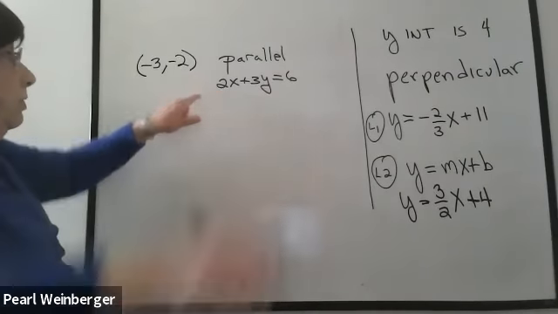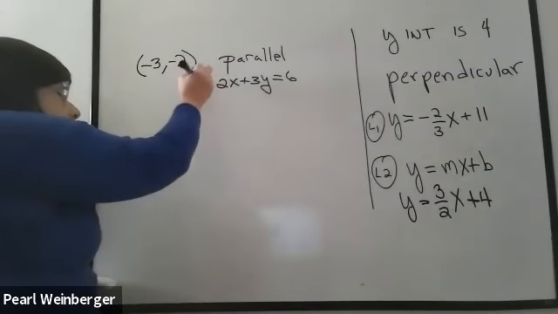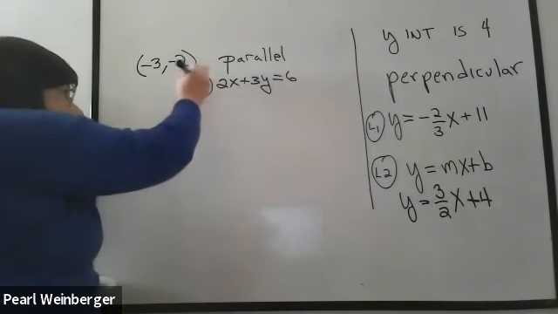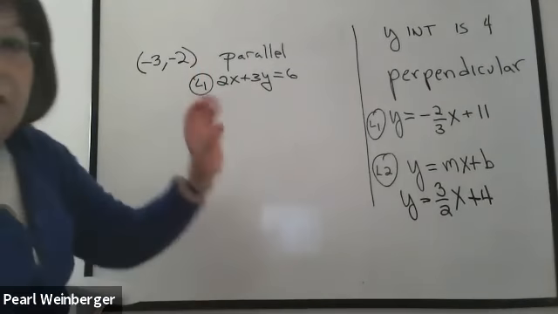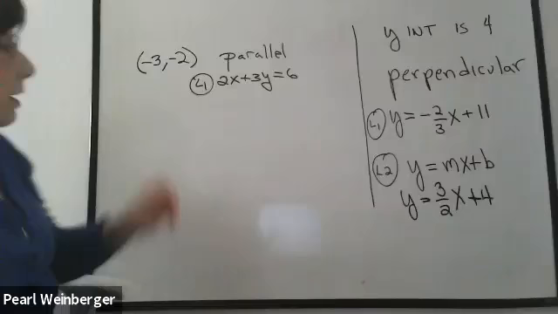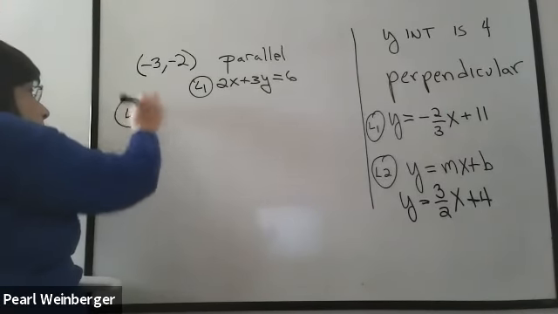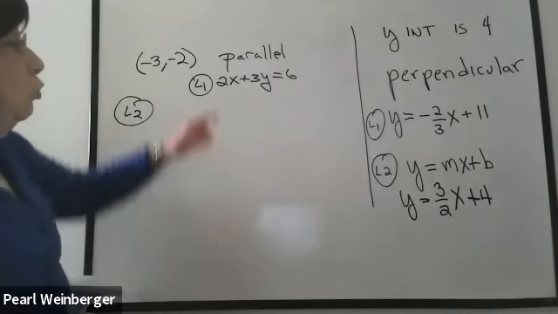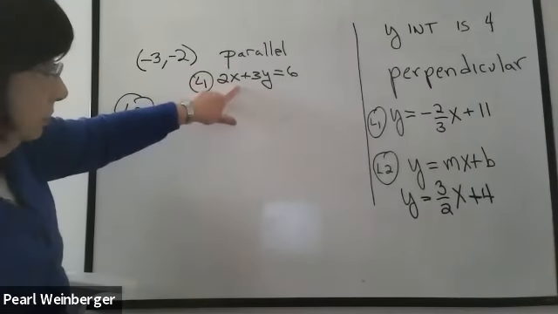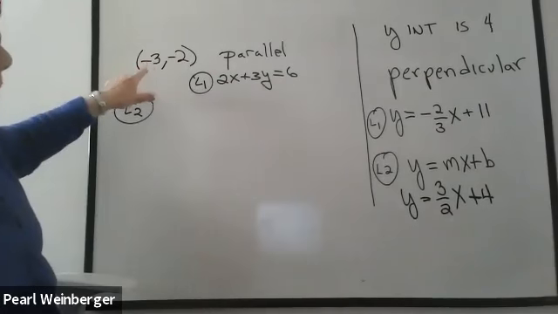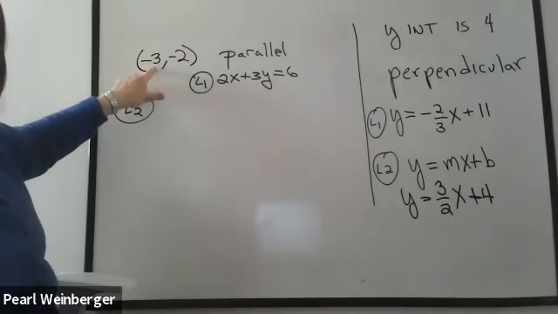Now, remember, this is my line 1. That's the line that they're giving me. And I'm writing the equation of line 2, which is going to be parallel to line 1 and going through the point -3, -2.